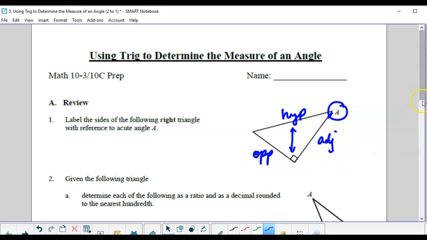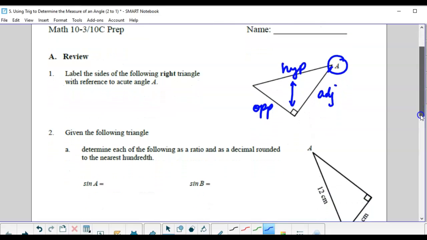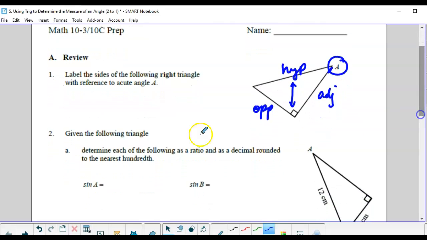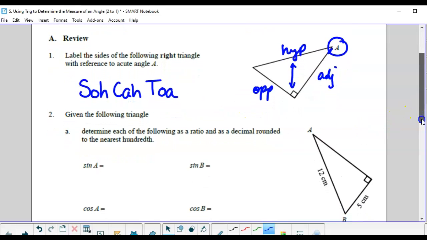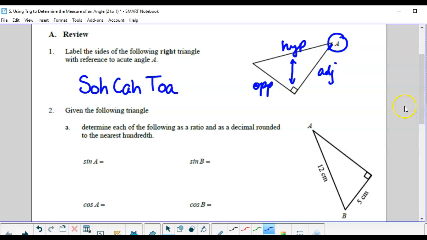So that helps us with our trig ratios. Okay, sine, cos, and tan. So you can also remember that short form if that helps you. You'll have a formula sheet. It's also in the back page of your workbook.